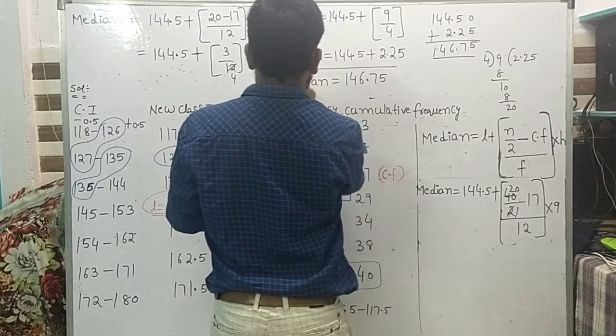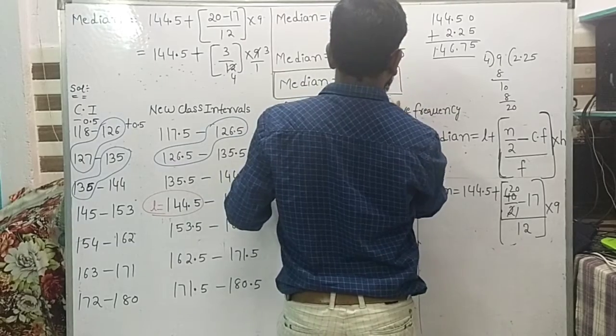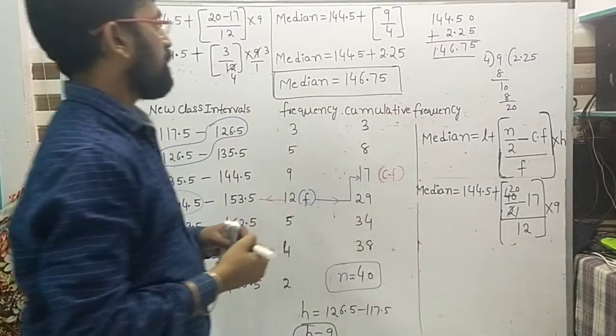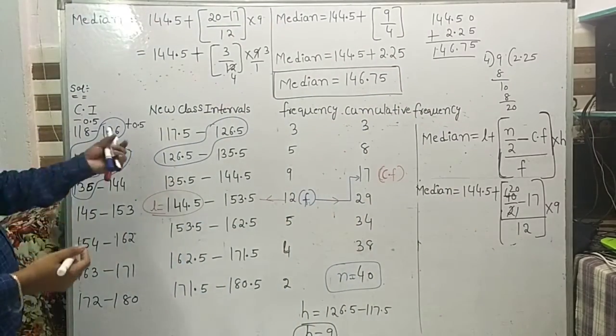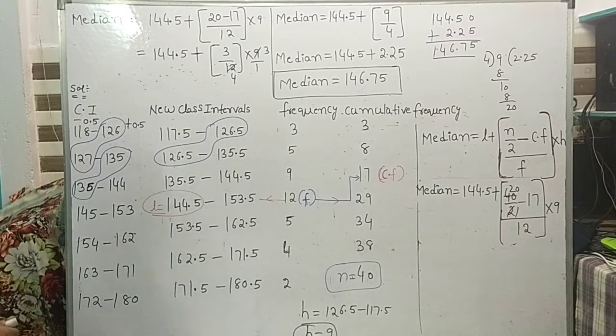This is the median. Okay, median equals 146.75. Are you getting? Yeah, this is the median. Take it.